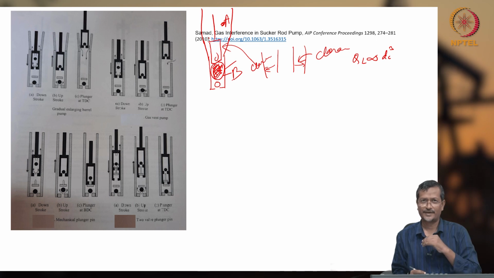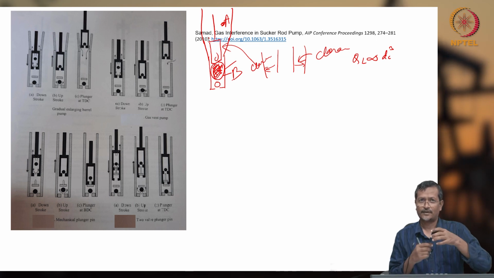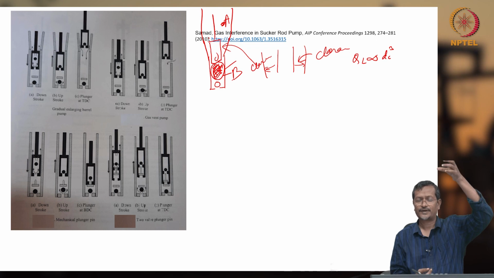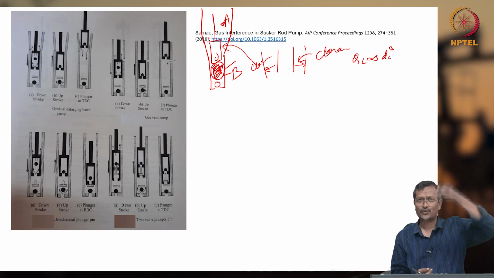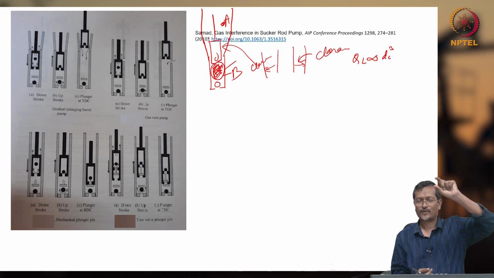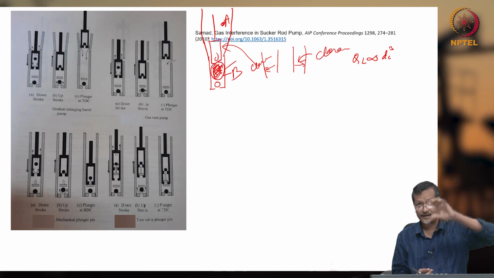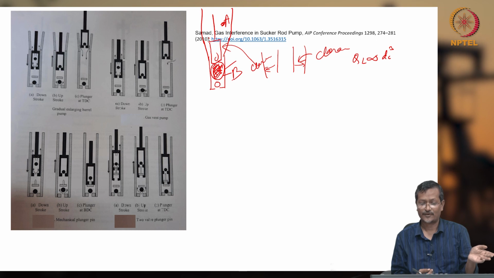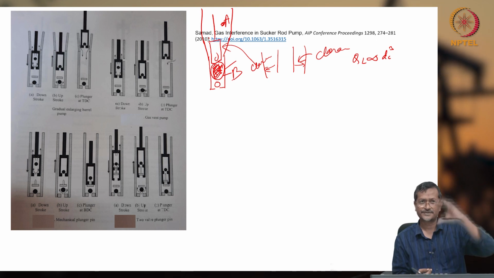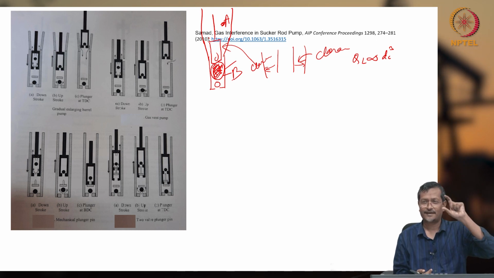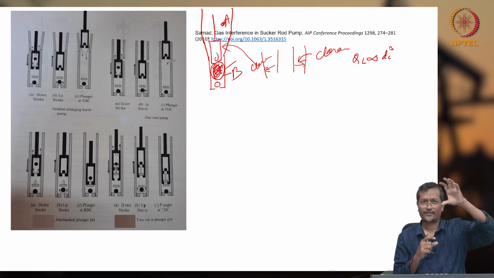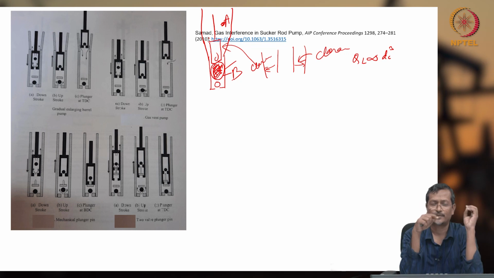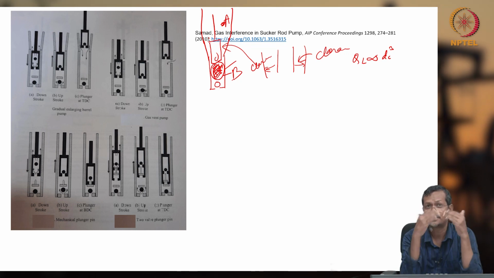But what you are doing is, you are not getting the full stroke production. Every stroke you are getting a certain amount of leakage, so your volume flow rate will be reduced, but you will not face any gas lock. If you want 100% fluid flow rate, A_L area into length of the stroke into number of strokes, that volume, if you calculate, is the theoretical flow rate.